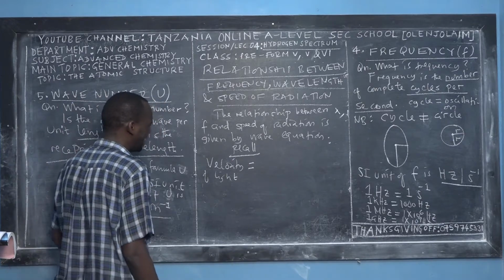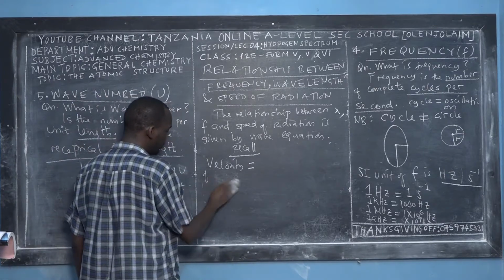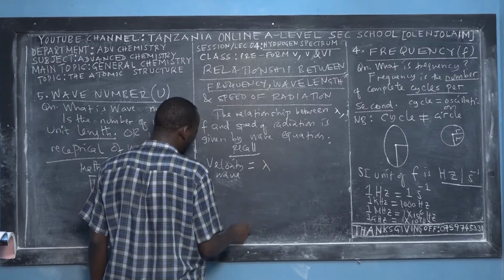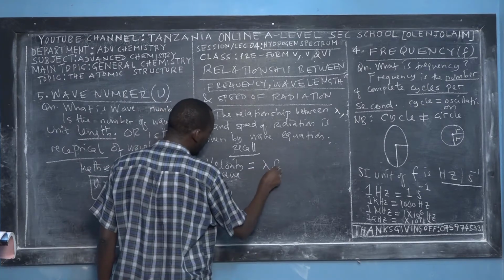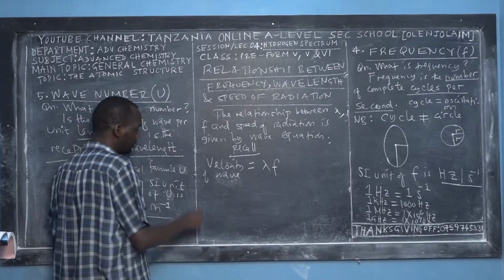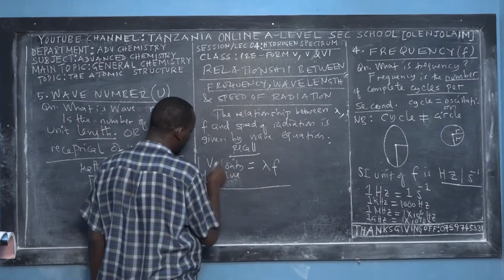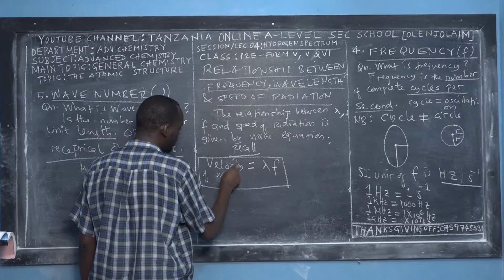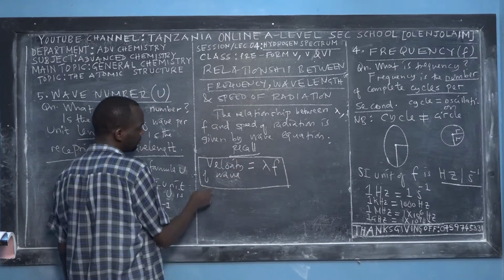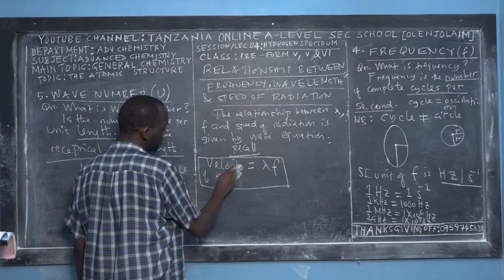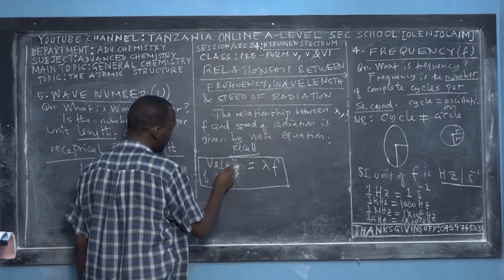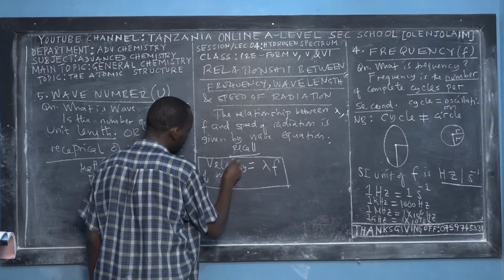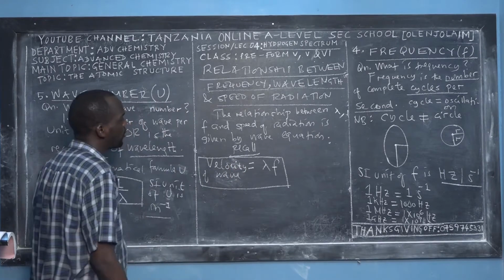Velocity of the light or velocity of the wave is the product of wavelength and frequency of the wave. So this is the fundamental formula. I believe that you still remember. If you forgot, now I have reminded you.